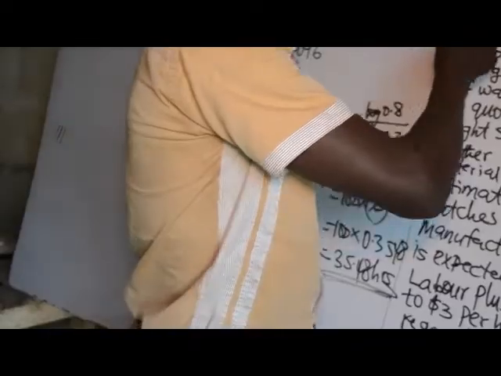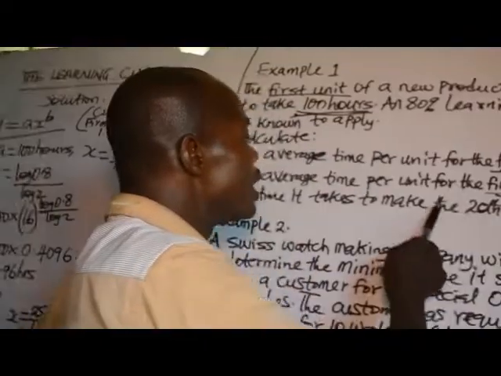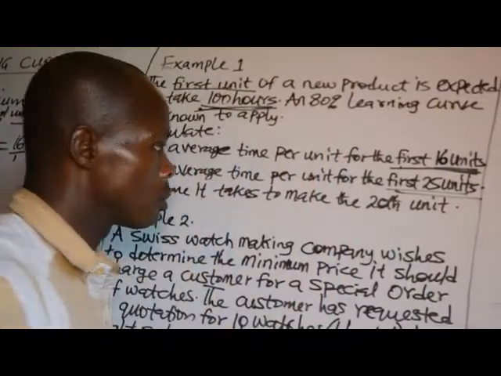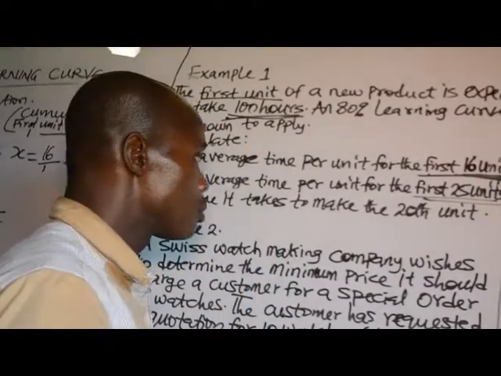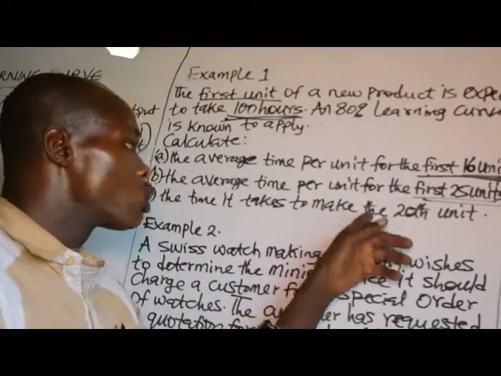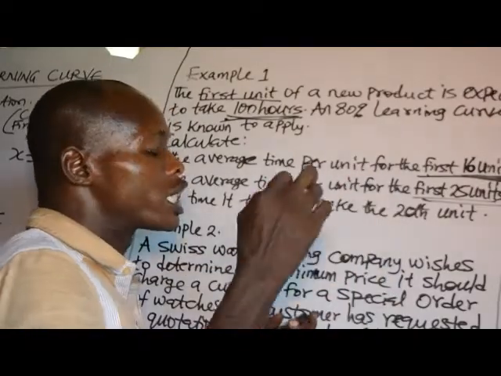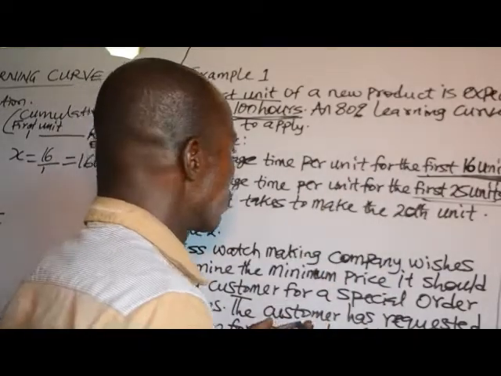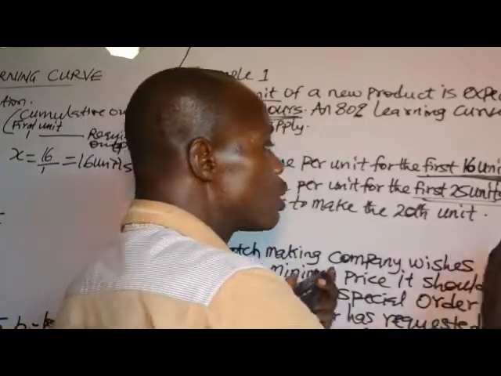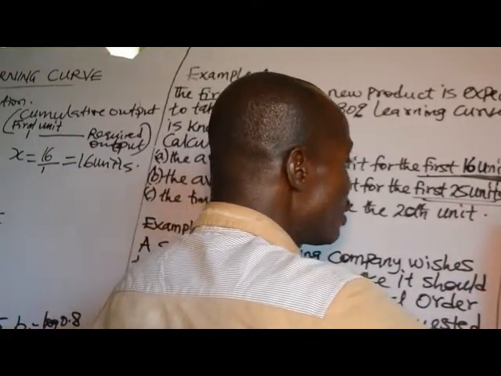Now C, the time it takes to make the 20th unit. 20th unit. I didn't say the first 20 units. 20th unit is different from the first 20 units. If we say the first 20 units, that means from 1 to 20.